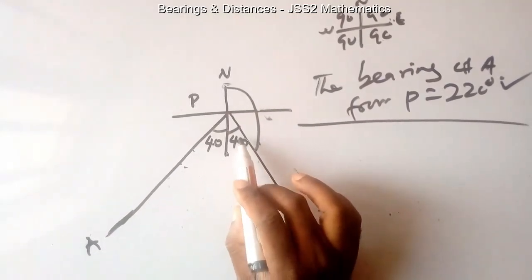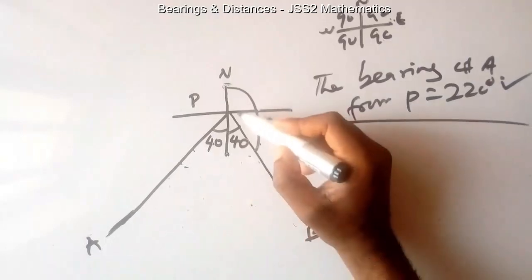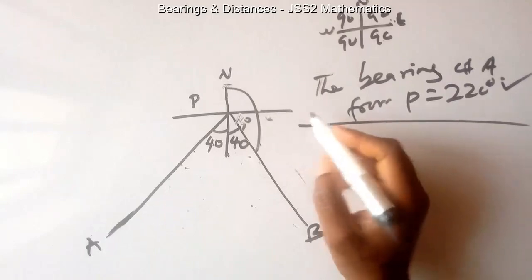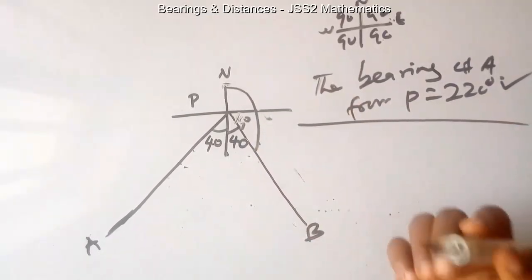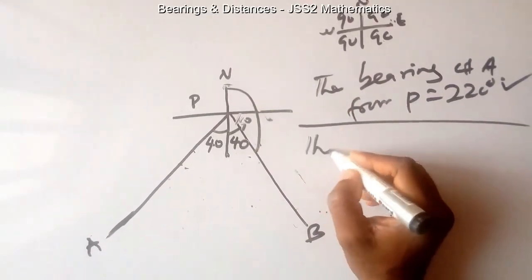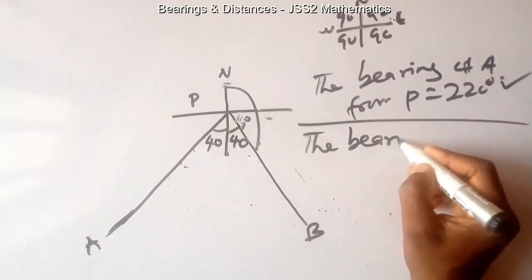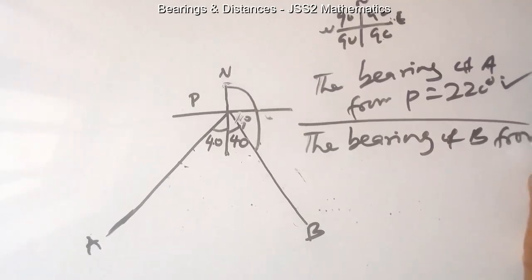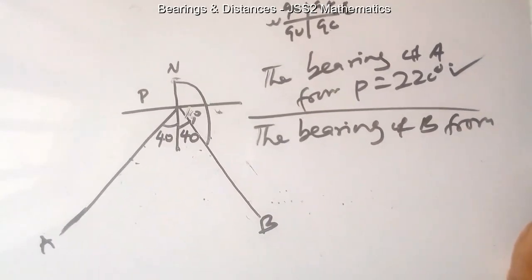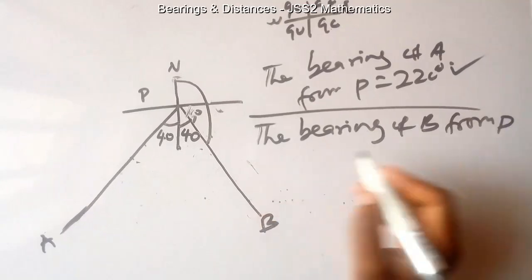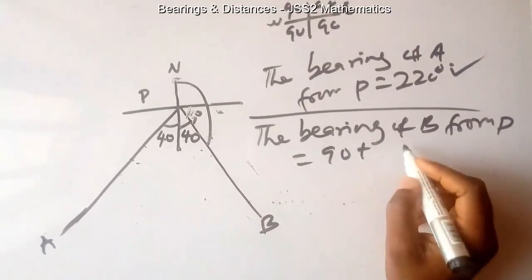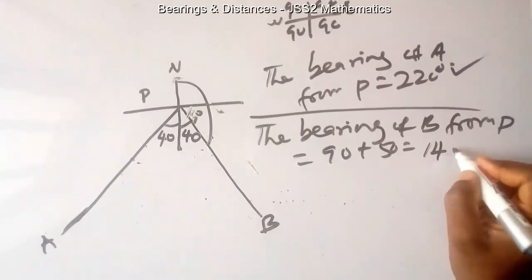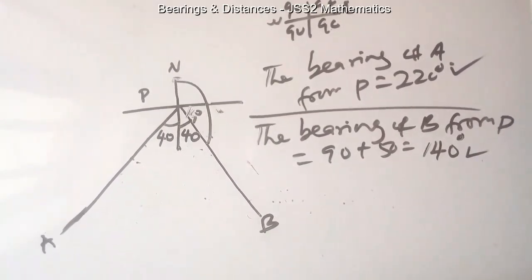Here is 40, automatically here should be 50. 50 plus 40 is 90. So we are going to add 90 plus 50, which is 140. Therefore the bearing of B from P, remember P is the starting point, is equal to 90 plus 50, and that is equal to 140 degrees. It is very simple.